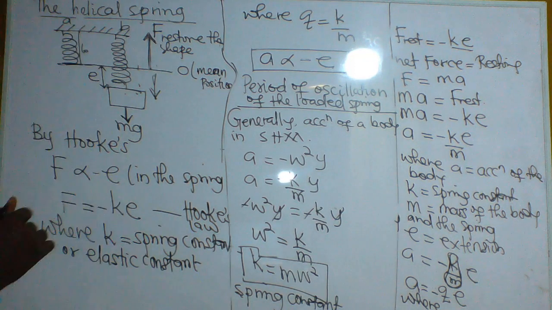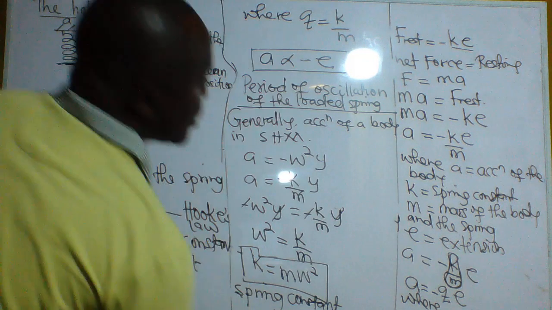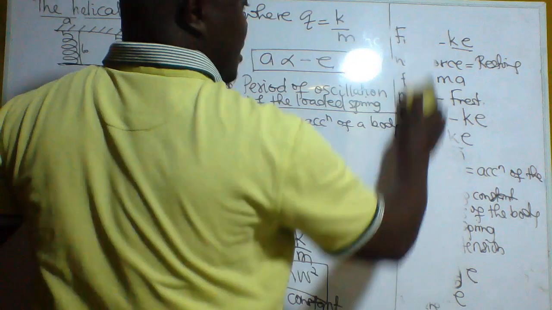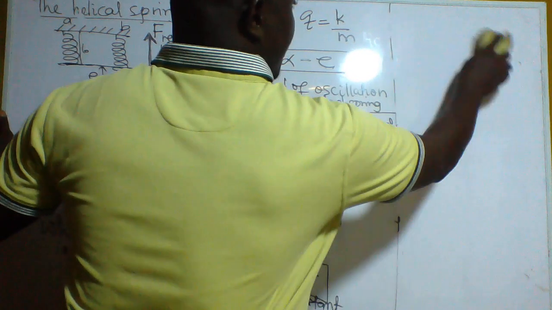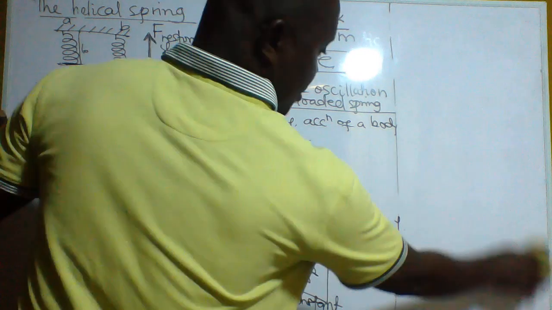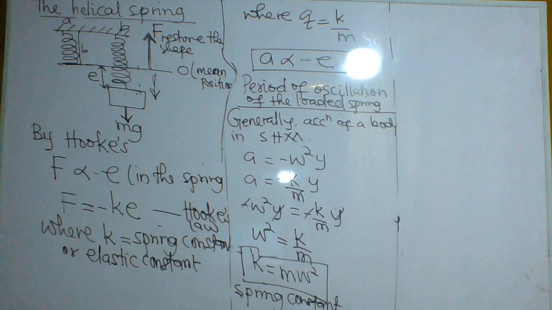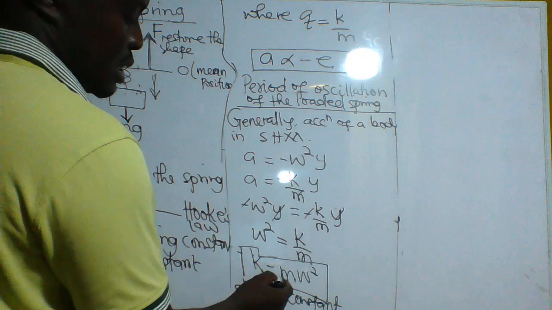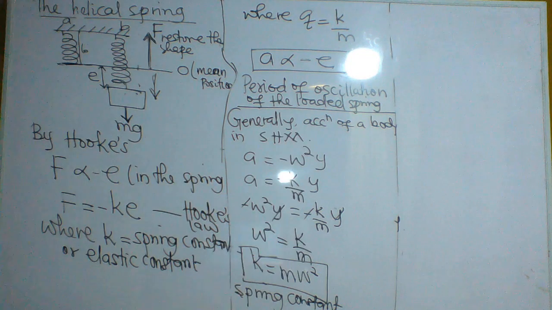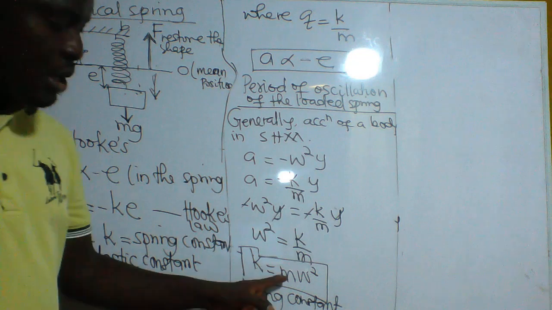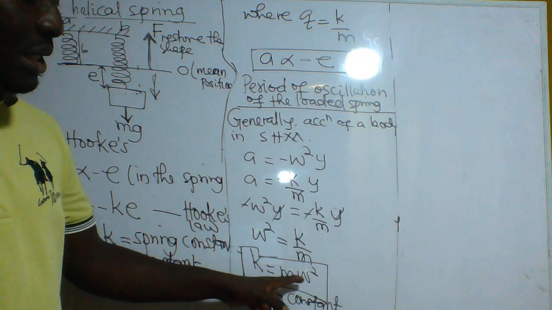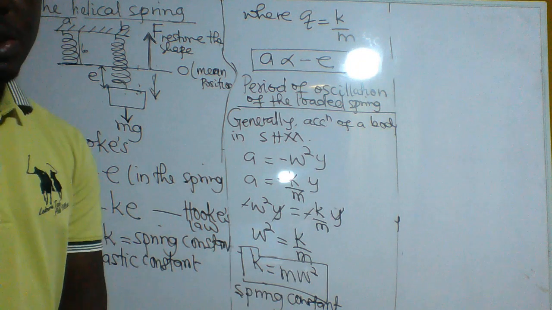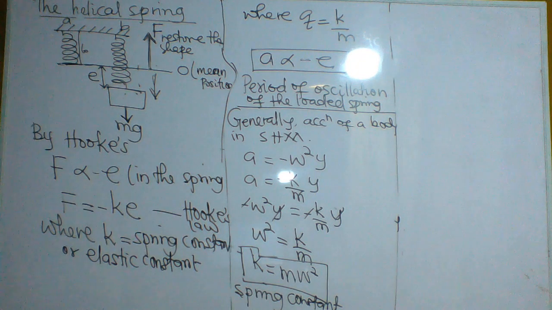What we are simply saying here is that the spring constant k is equal to the product of the mass of the spring and the body times the square of that constant or uniform angular speed or velocity of the body.